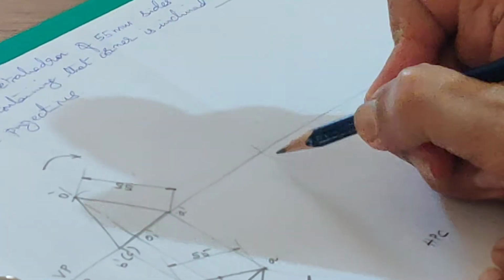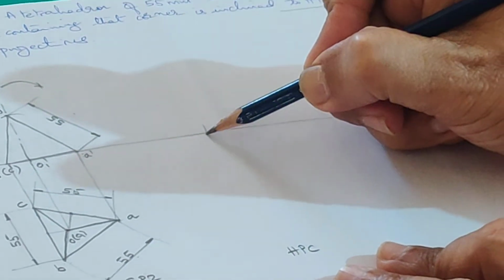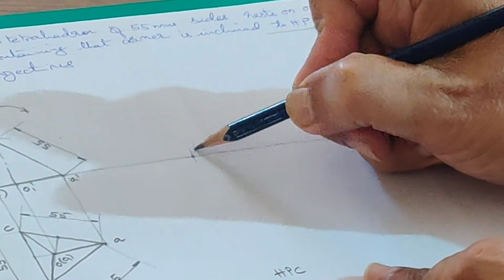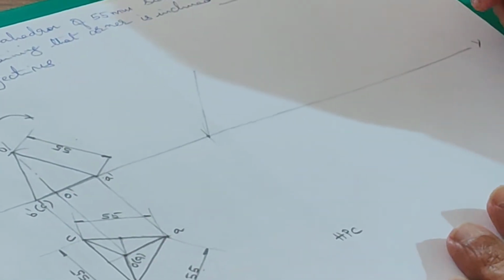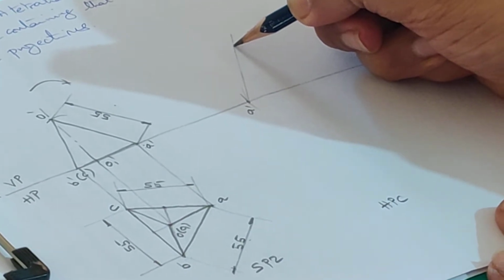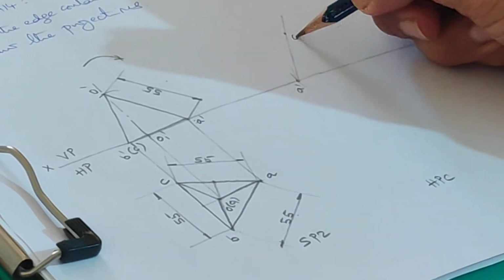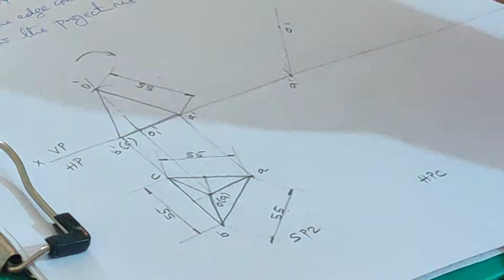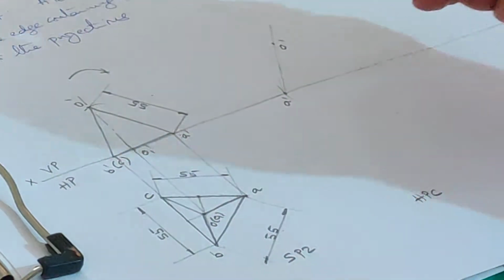So I'll start by drawing a line inclined at 50 degrees to XY. This inclination should be 50. On that you can mark A dash, O dash. The same length, 55. Now you have to get these points B dash, C dash by drawing arcs.